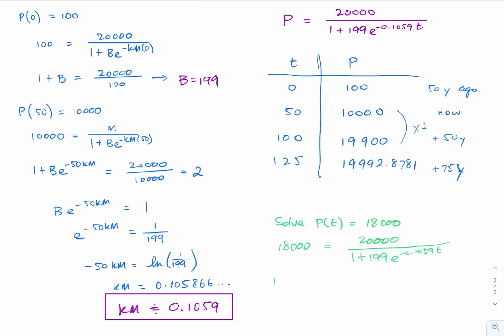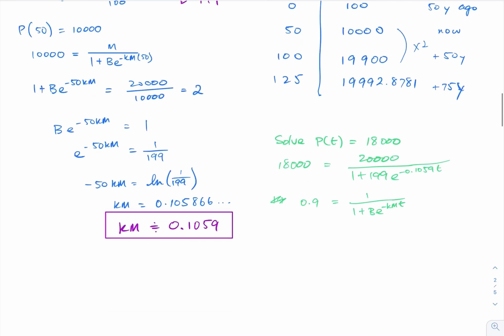Dividing through by 20,000, we get 0.9 equals 1 over 1 plus b e to the negative kmt. I'm going to keep writing like this because we have values for all of these and it's easier. So 1 plus b e to the negative kmt is 1 over 0.9, which is 1.11111, and taking 1 off both sides gives b e to the negative kmt equals 0.1111.